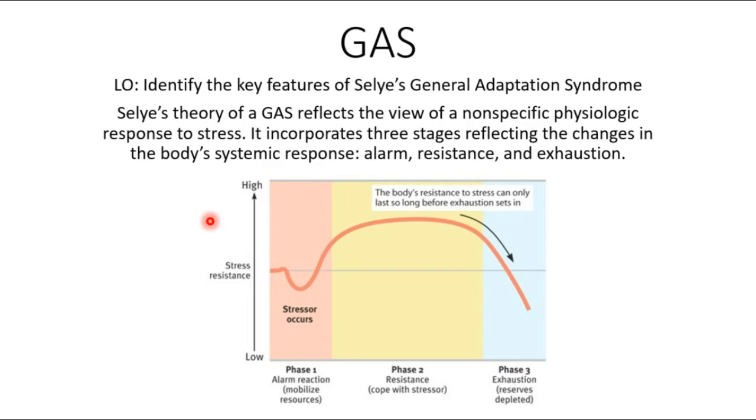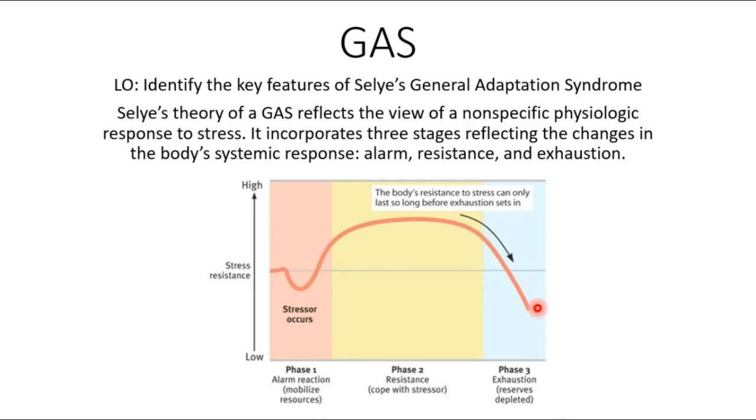And in working really hard, eventually you deplete your body's resources. This is where GAS extends this idea of allostasis into its final moments. In GAS, there's an exhaustion phase. You've worked so hard to overcome your stressor that you've exhausted your body's resources, and that can lead to death.